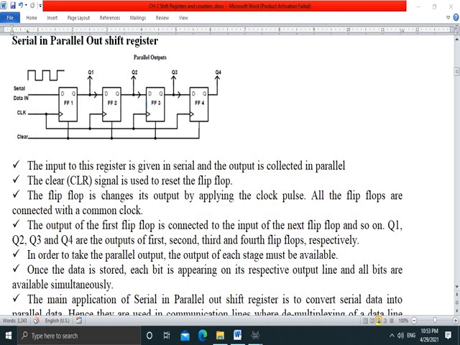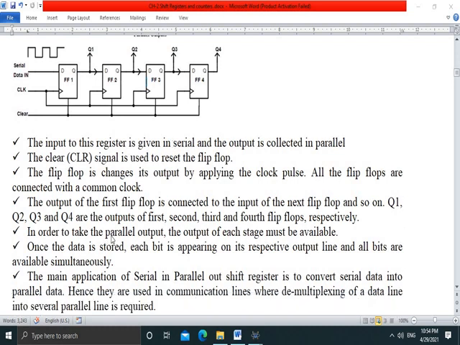See, the arrangement is like a series arrangement, where the output of the first flip-flop is connected to the input of the second, the output of the second is connected to the input of the third, and likewise.